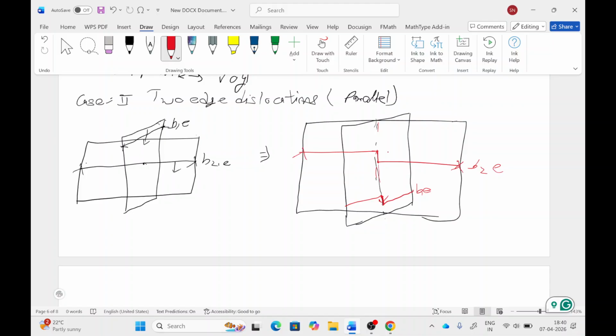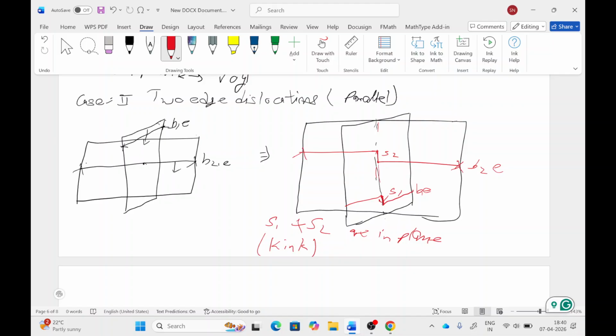If we want to check, both lines are on the plane, so S1 and S2 are in plane. So they will be called kinks.